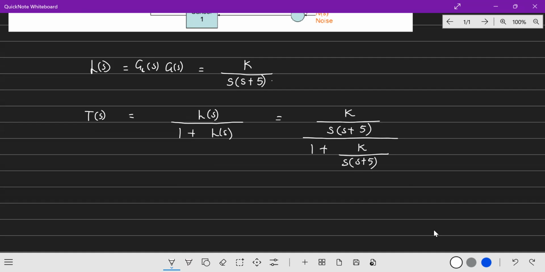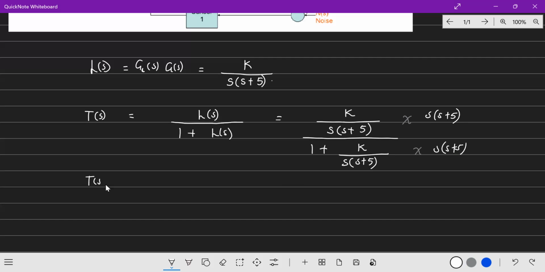Here we're going to simplify this further by multiplying top and bottom by the denominator of K, which is S plus 5.